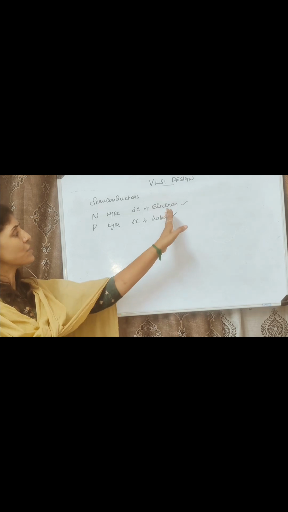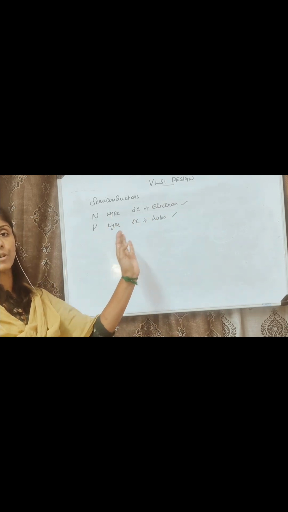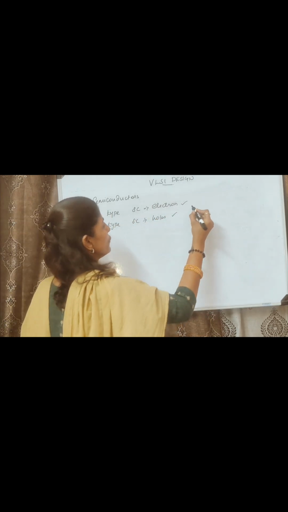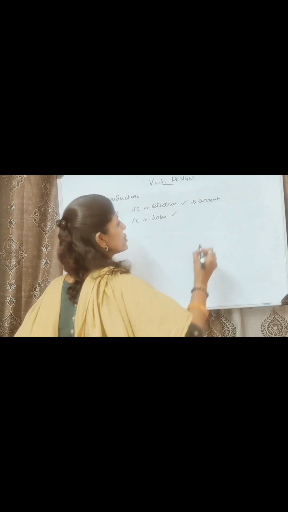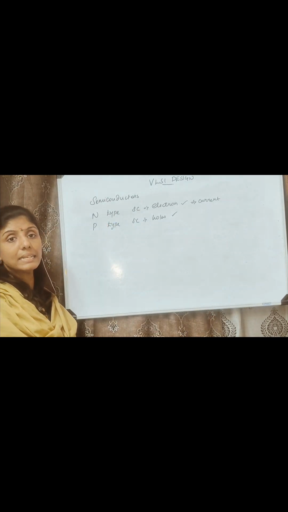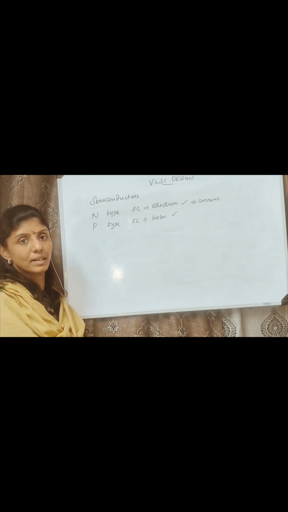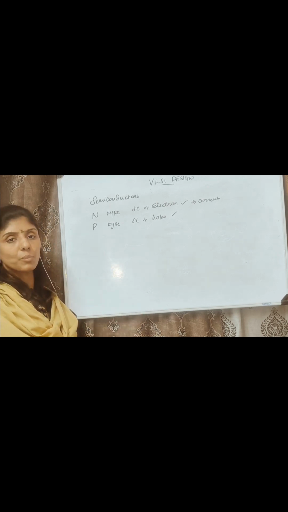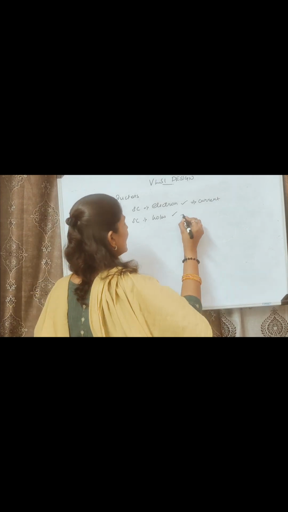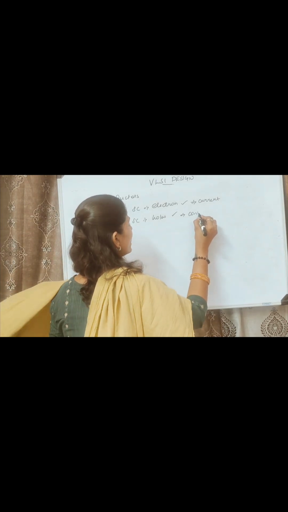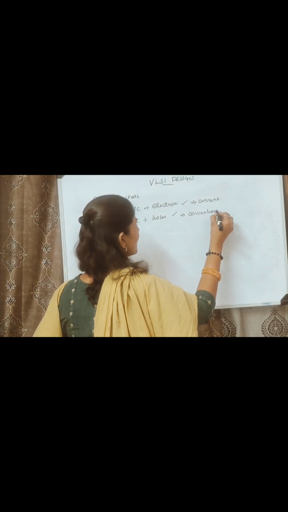If the electrons are flowing from one end to another end, we call it current. Current is nothing but the flow of electrons. When the holes are moving, that also we call current, but we call it conventional current.